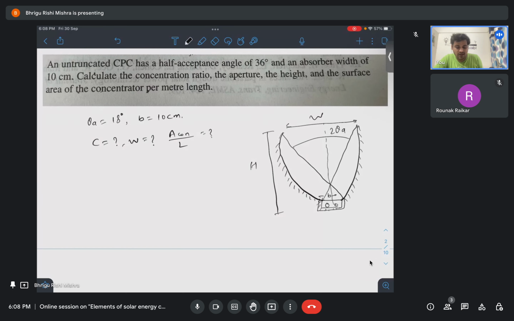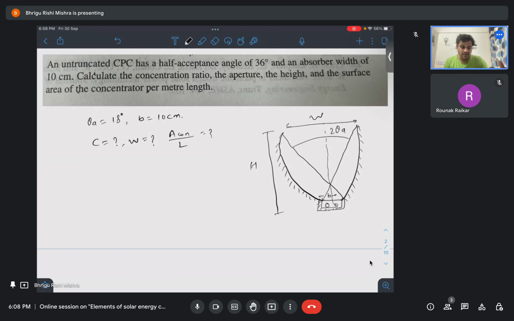Untruncated means it is not truncated, or not cut down, or the size has not been reduced for this CPC. Because literature shows that the outer part does not help much to increase the temperature of the absorber.